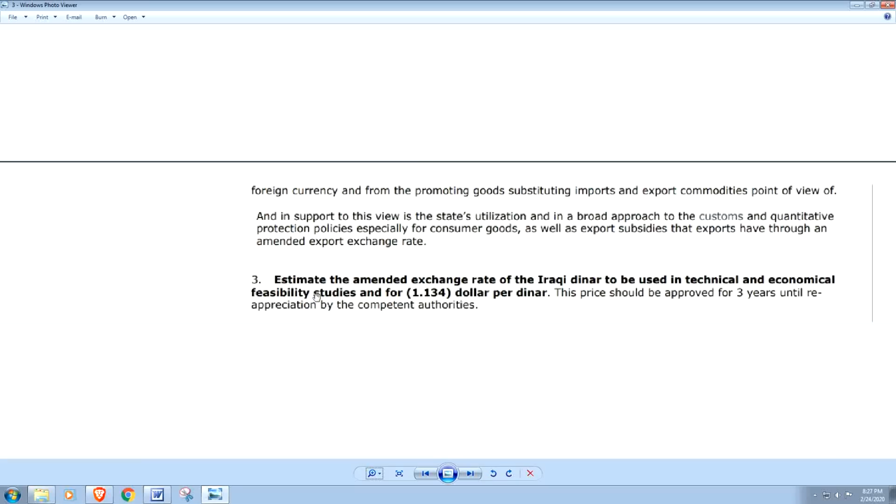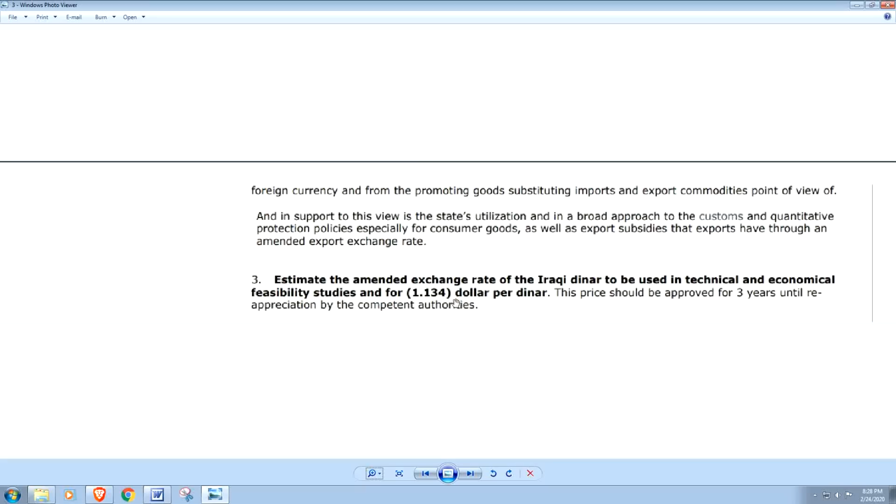So here it is. Estimate the amended exchange rate of the Iraqi dinar to be used in technical and economical feasibility studies for the rate. $1 in, I said 34, my bad. $1.13 per dinar. $1.13. This price should be approved for 3 years. This is where I get the 3 years from.